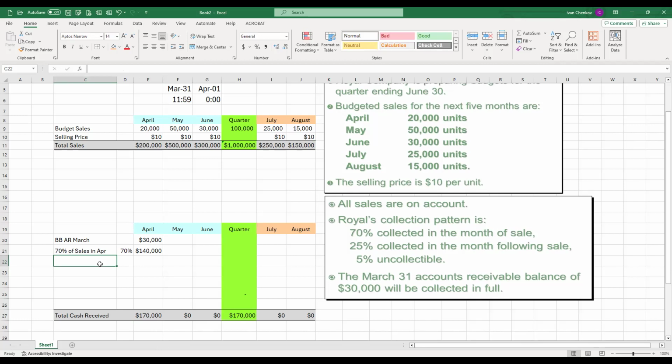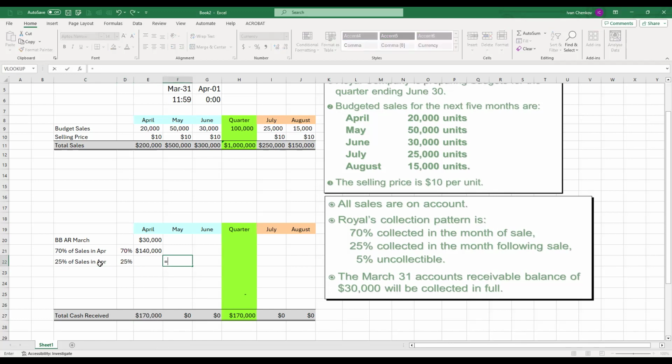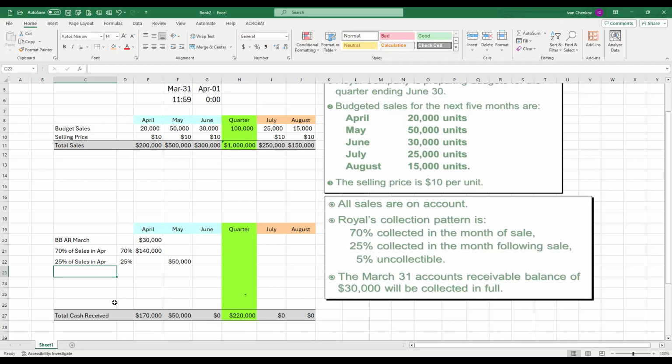So what's going to happen in May? In May, we're going to collect the 25% of the sales in April, correct? So that will be equal to 200,000 times 25%. We're going to collect 50,000. What else are we going to collect in May? The 70% of the sales of May.